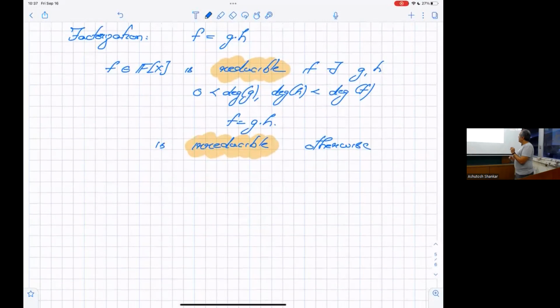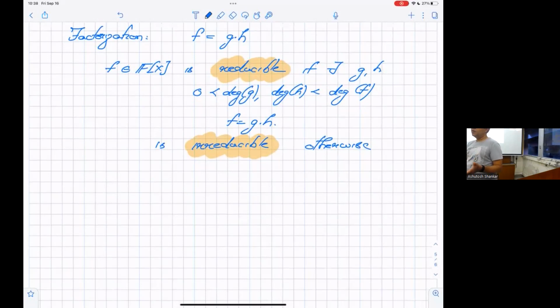The nice fact here is that both the univariate polynomial rings and the multivariate polynomial rings have a similar property which the integers have. This is just imitating the facts about primes and composites over here; I'm lifting that definition to the ring. Integers have another nice thing called unique factorization.